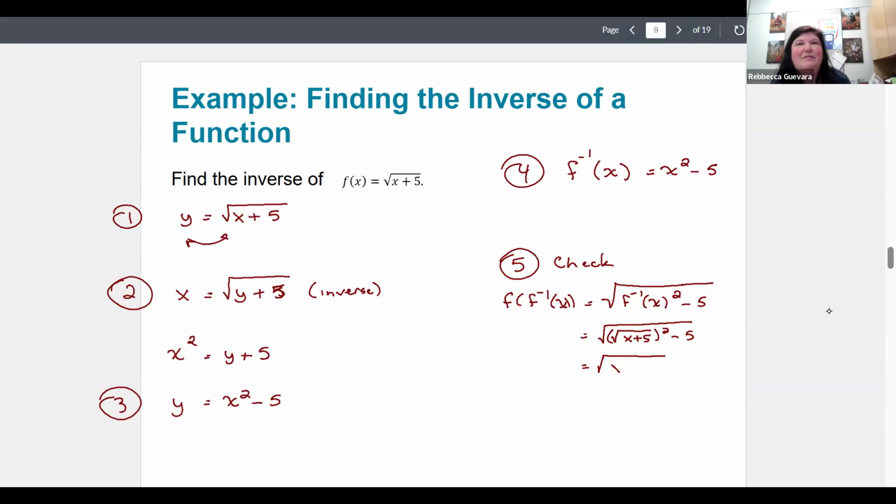Let me go back a second. This wasn't squared yet. I switched my two functions. Let me do that one more time.